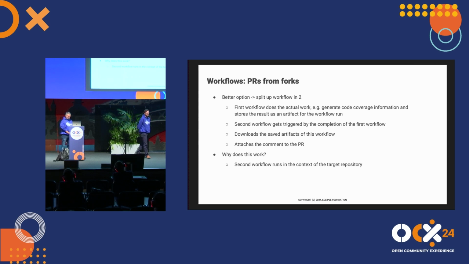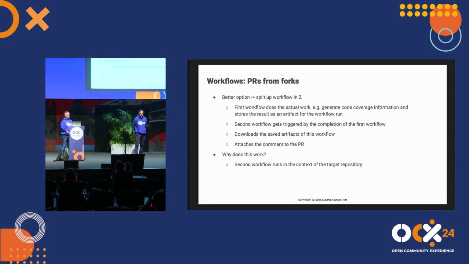It stores the result as an artifact for the workflow run, and then triggers a second workflow after the first is completed. The second workflow is very simple. It just gets the information about which workflow it was triggered from, downloads the artifacts from the first workflow, and because it now has write tokens, it can attach the comment to the PR.